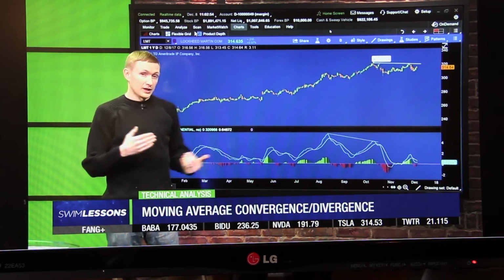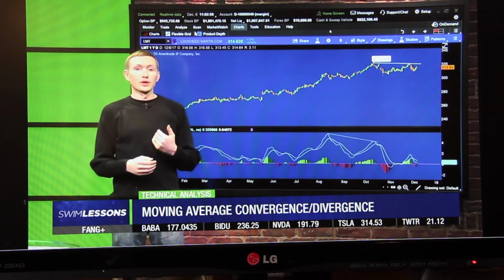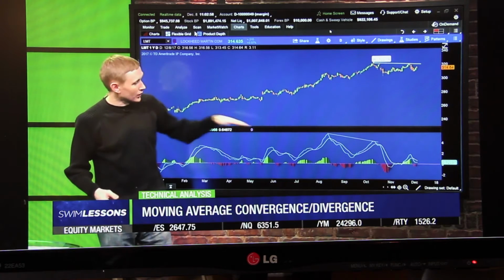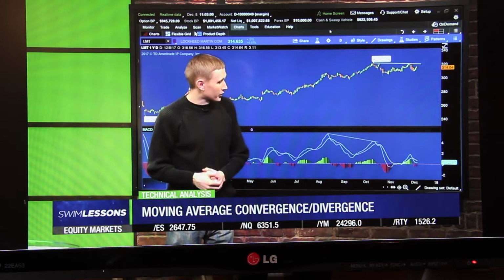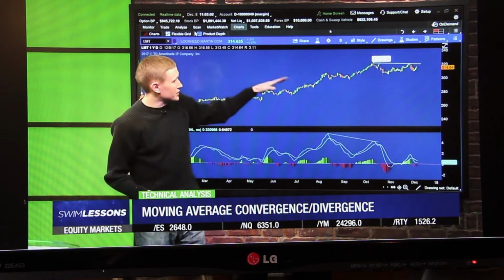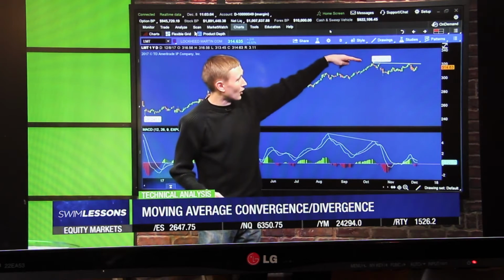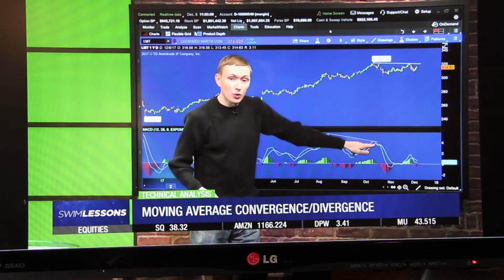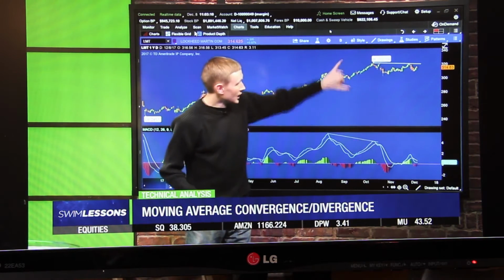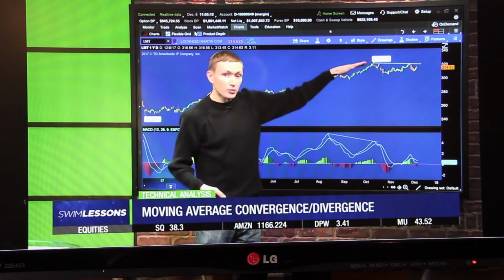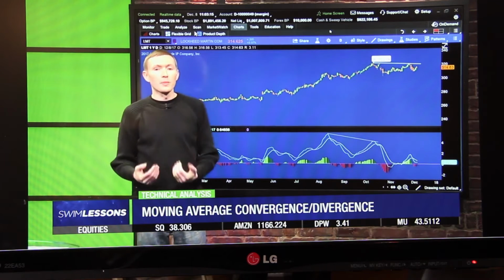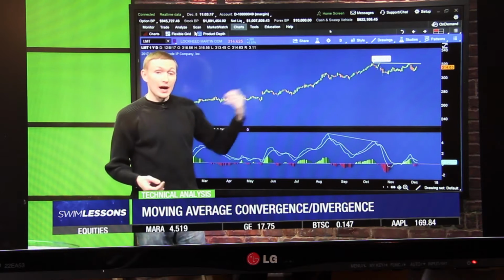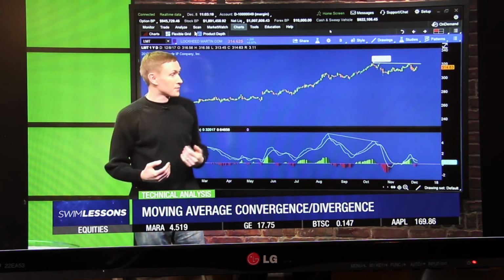Another very helpful thing from the MacD is to look at divergences from price. We have a great example of that right here over the last couple of months. Price has been rallying up, and we made its all-time high here at 322. At that same time, we had a lower high on the MacD. That was telling us that even though we made a brand new high, there was weakened momentum behind it, so we had a higher probability of a pullback.